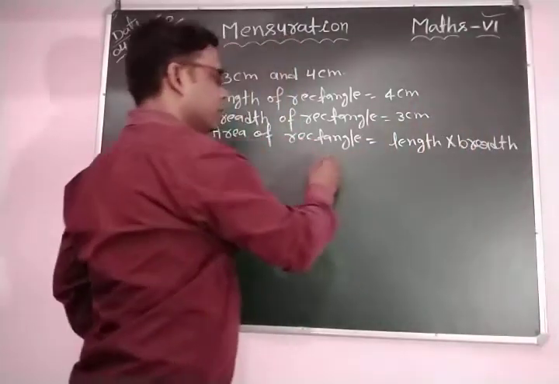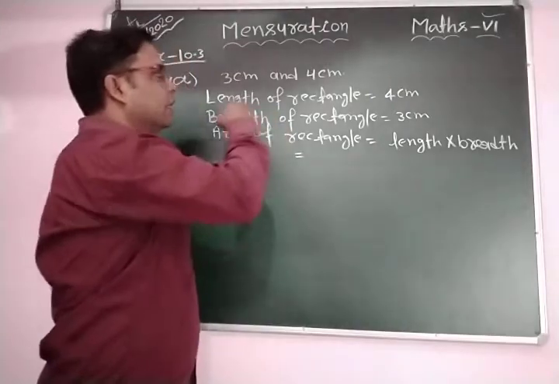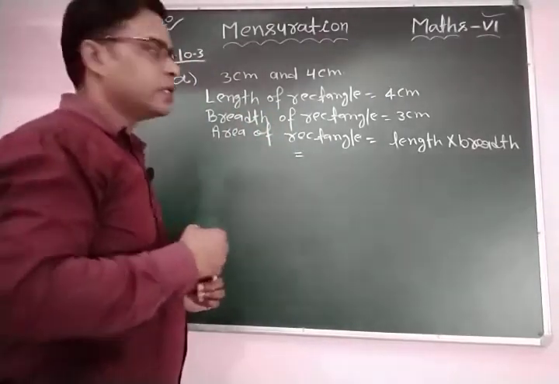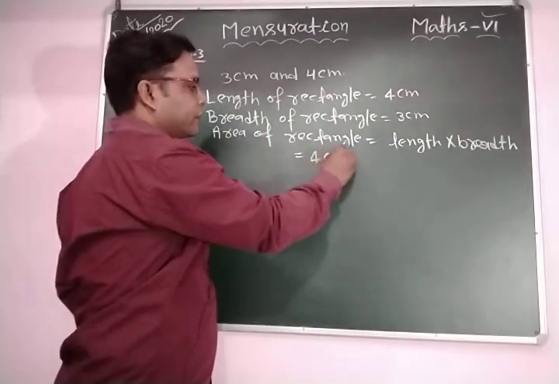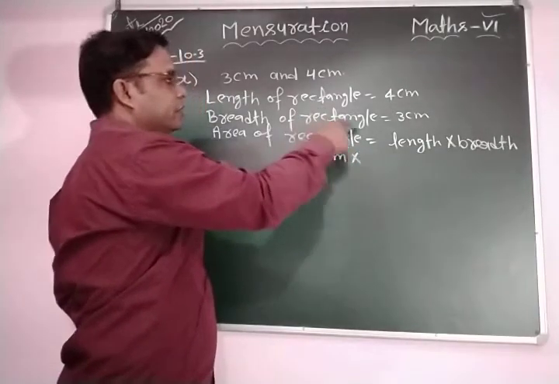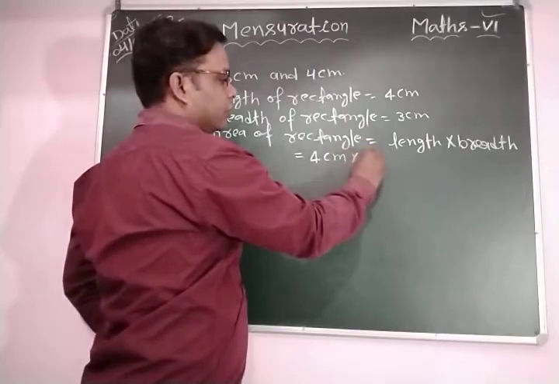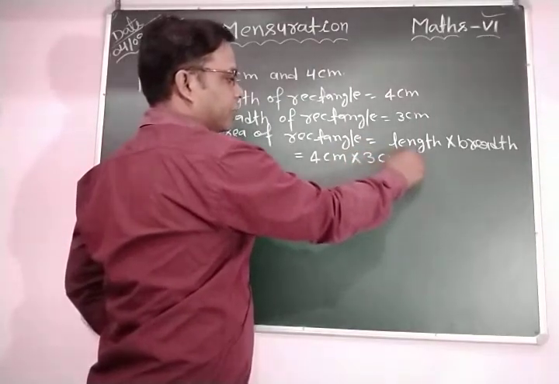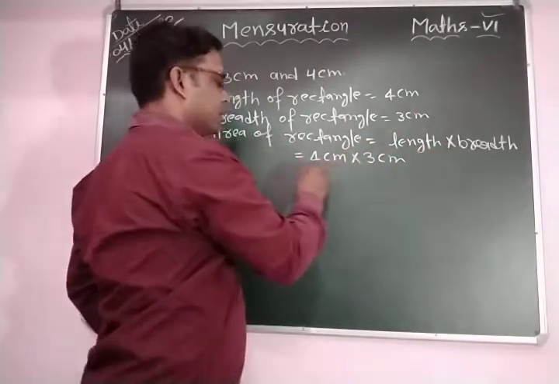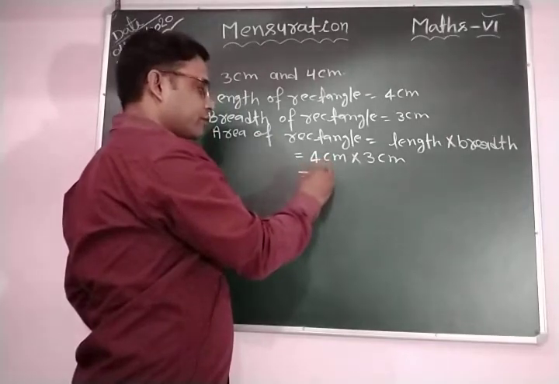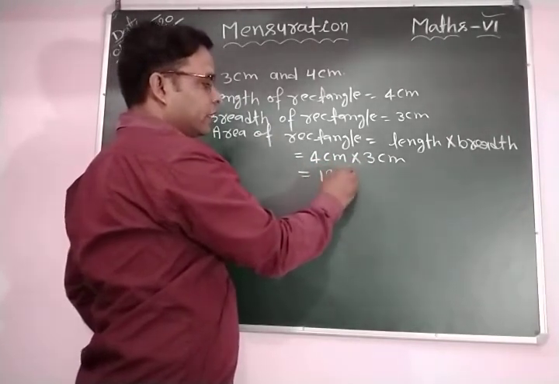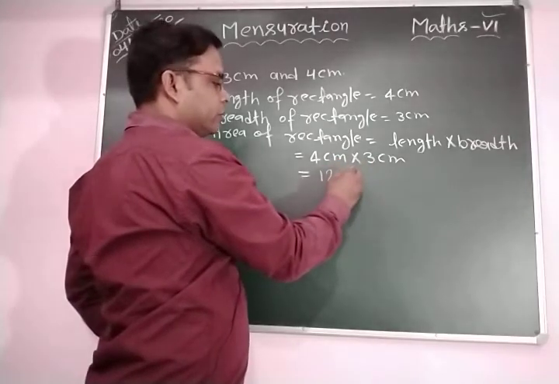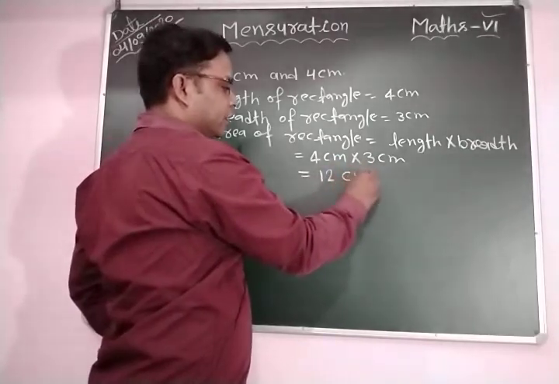Now here you can see length is given as 4 centimeter into breadth is given as 3 centimeter. Length into breadth is equal to 4 times 3, which is 12, and centimeter into centimeter you can write as centimeter square.